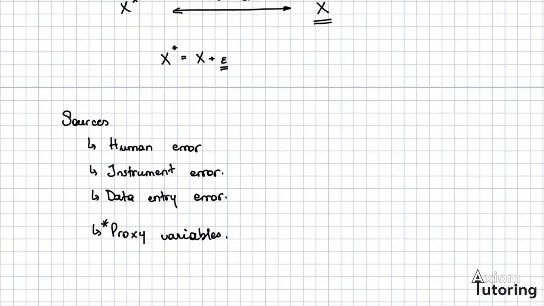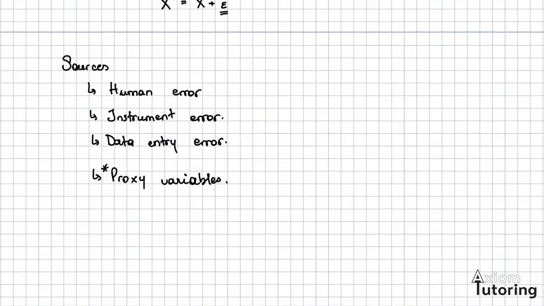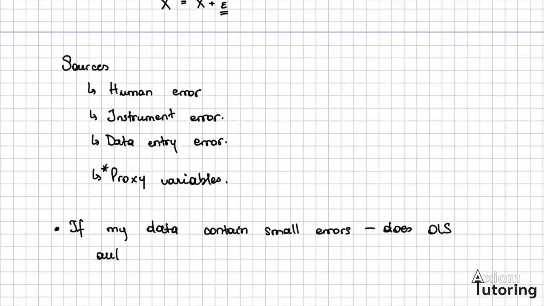Now, does measurement error always matter? You'll always have to ask the question: if my data contain small errors, does OLS automatically fail? And the answer to this is actually, not necessarily.